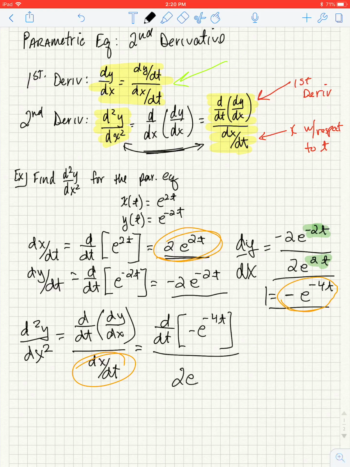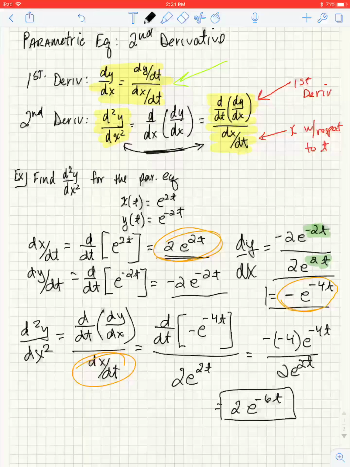So we bring that down, e to the 2t, and then just do your derivative. So remember, chain rule again, so it's negative of negative 4 e to the negative 4t over 2 e to the 2t. So then just hopefully you simplify correctly. You get 2 e to the negative 6t, and that is your second derivative.